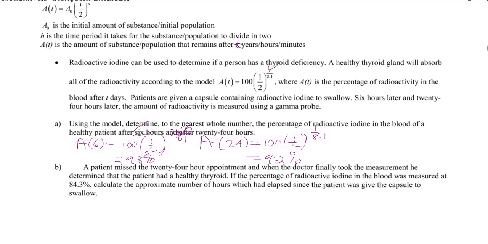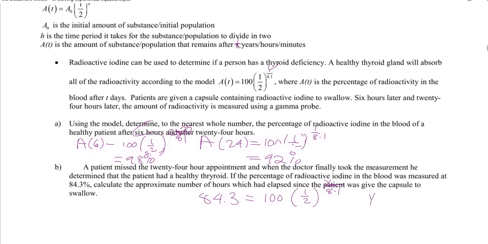Okay, so we want 84.3%. That's going to equal 100 times 1/2 to the x over 8.1. Now remember, this will be days, and then we're going to have to convert it to hours. So we can graph this.